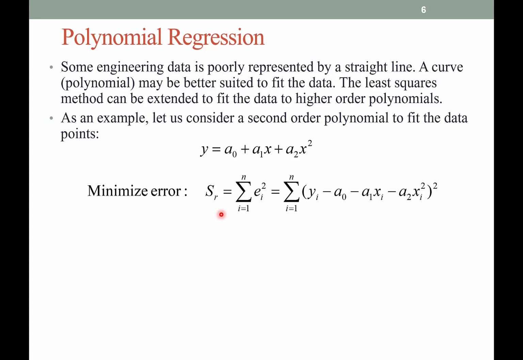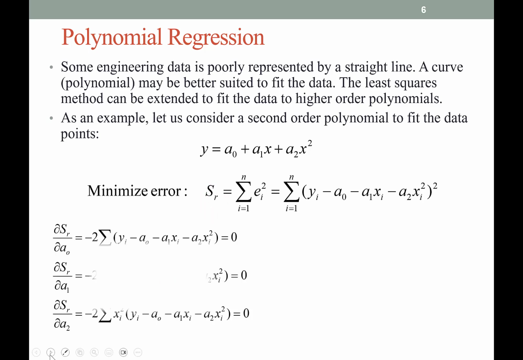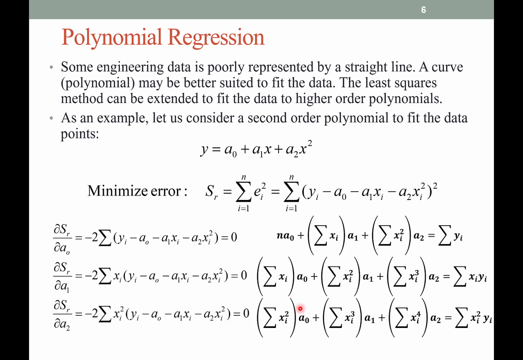Just like in the last lecture, we take the partial derivative of SR with respect to A0, then A1, and then A2 to get these equations. We set them equal to 0 because that is where the minimum is. After that, we rearrange them in a format that looks like a set of linear equations with certain unknowns.